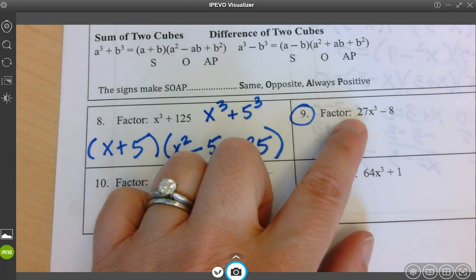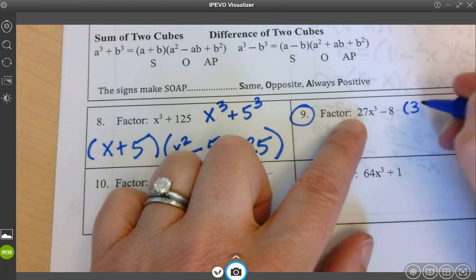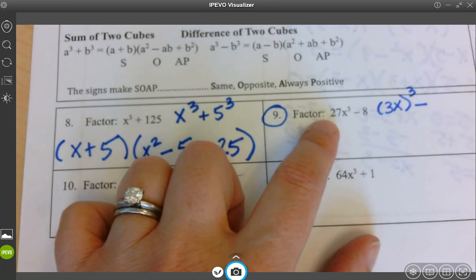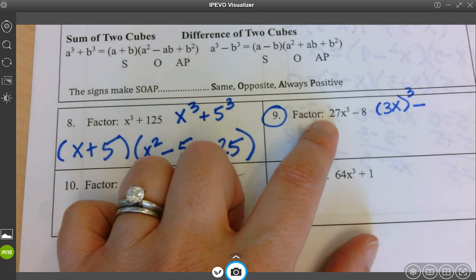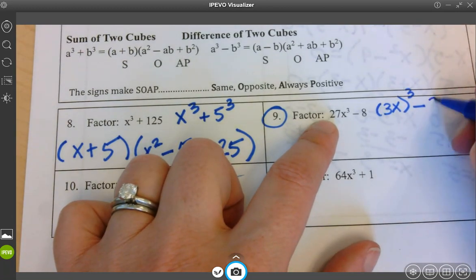What do you guys think? Yeah, because 3 times 3 is 9, times another 3 is 27. So 3x to the third minus, what number to the third power gives me 8? Let's try it. 2 times 2 is 4 times 2 is 8. Yeah, it works. So 2 to the 3.